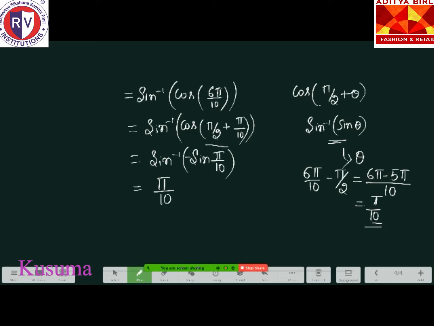Cos of pi by 2 plus theta is minus sine theta. So sine inverse of minus sine theta is minus theta. So the answer will be minus pi by 10.